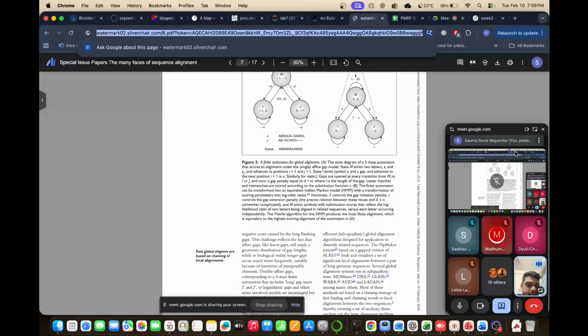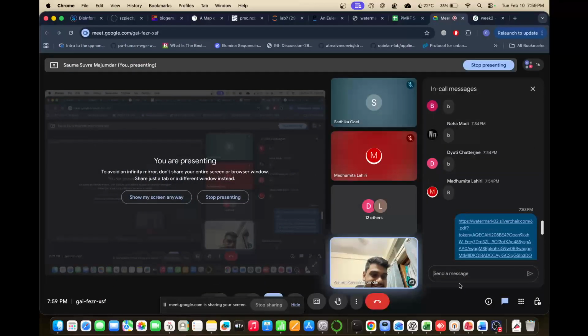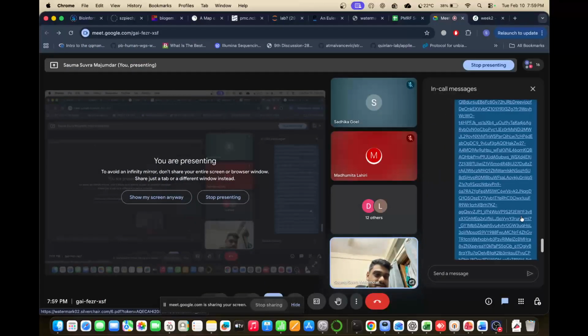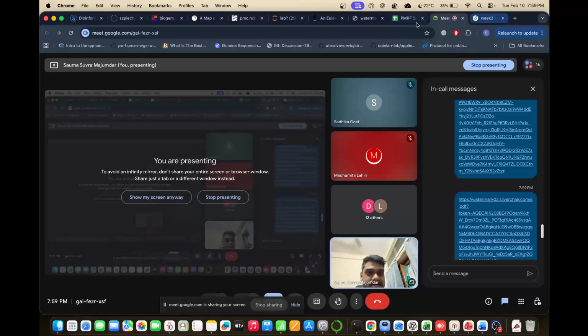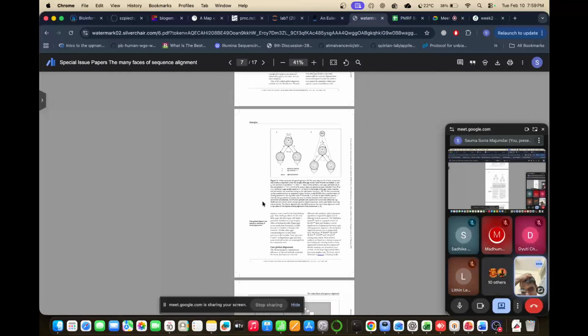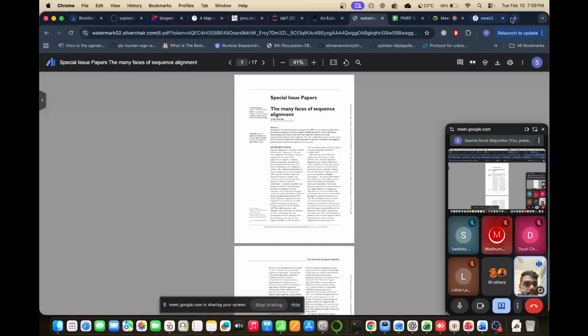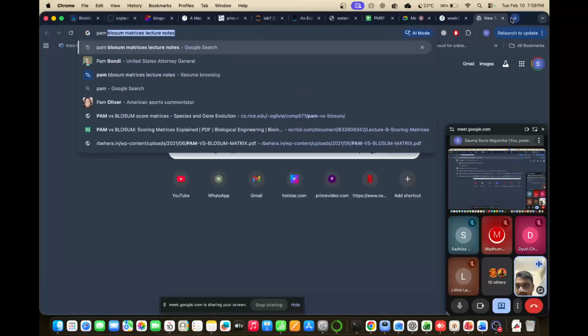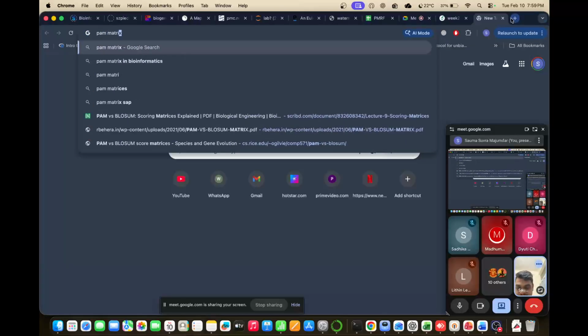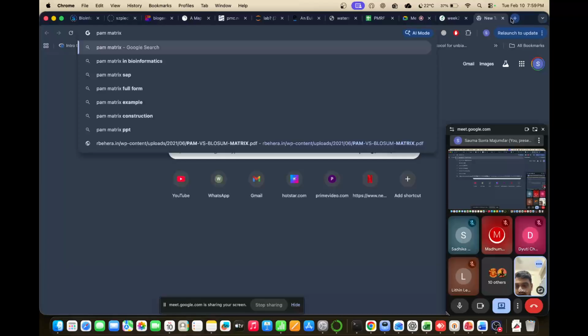So you probably can read this paper. The language is going to be a little bit difficult, but I think you'll be able to understand what different types of alignments do. There is another paper, the PAM matrix paper.